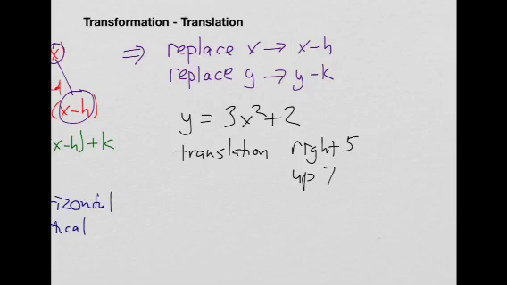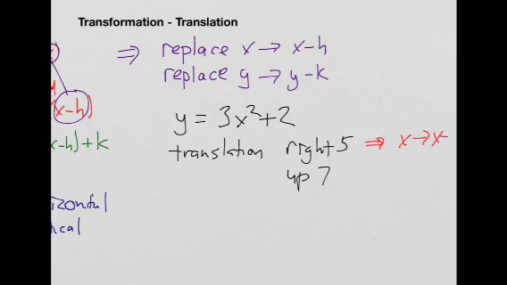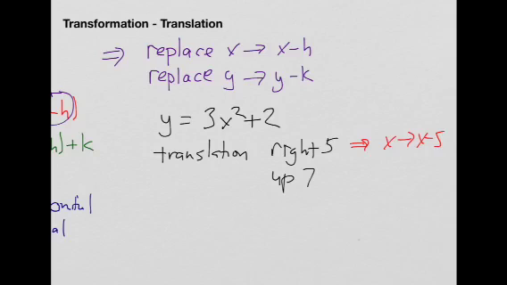This idea of going right 5 means we're going to replace x with x minus 5. And going up 7 means we're going to replace y with y minus 7.